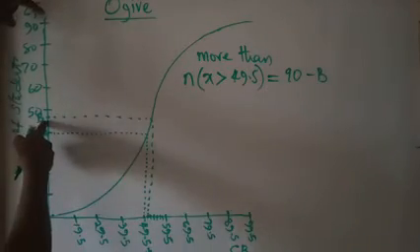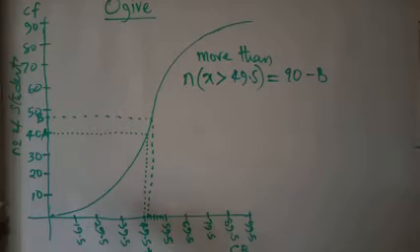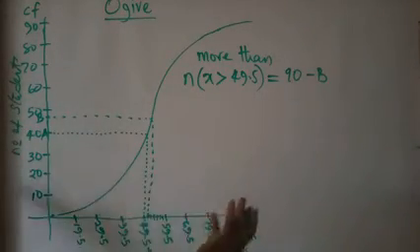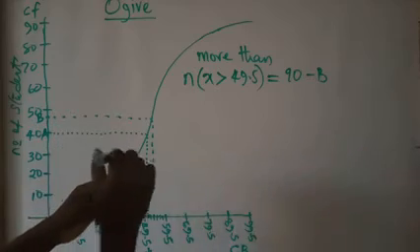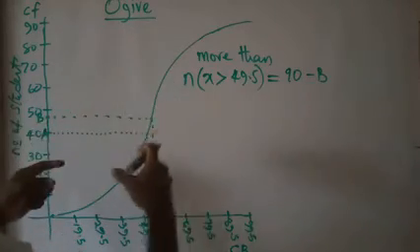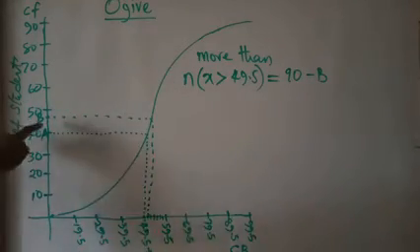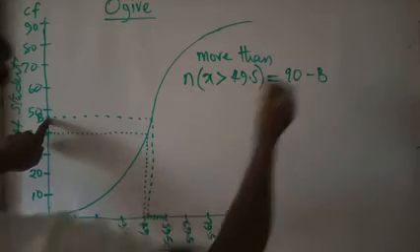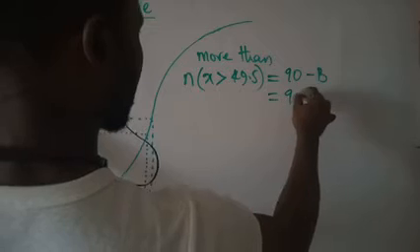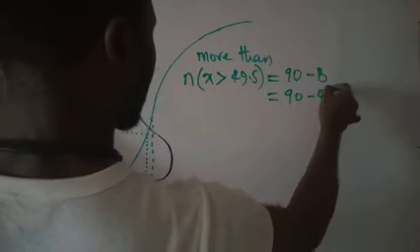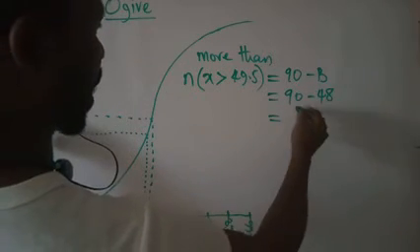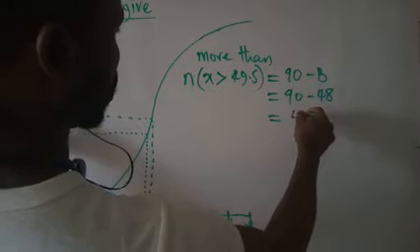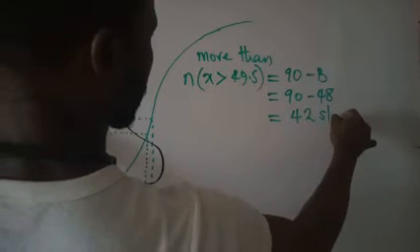Do not forget, we're just using a scale to explain, not a graph to follow. So if this is something like 48, for instance, 90 minus 48 gives us 42 students.